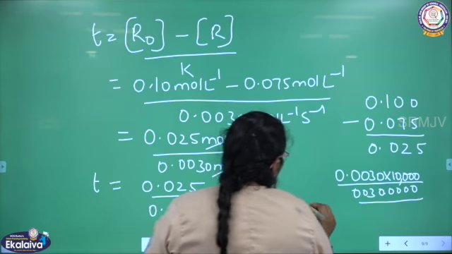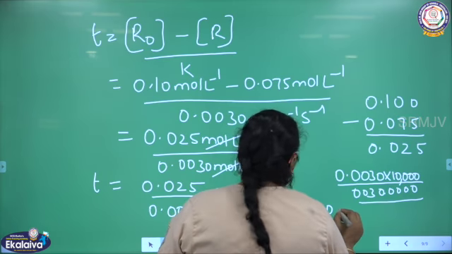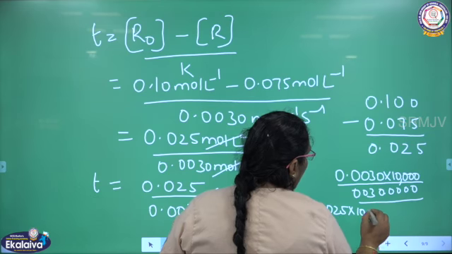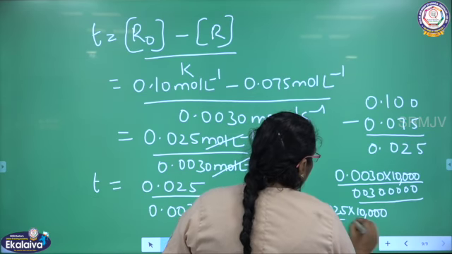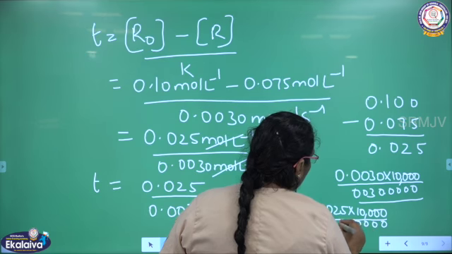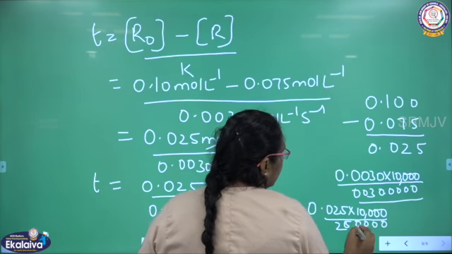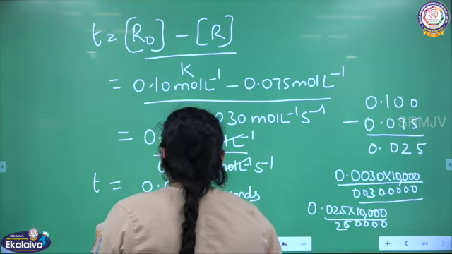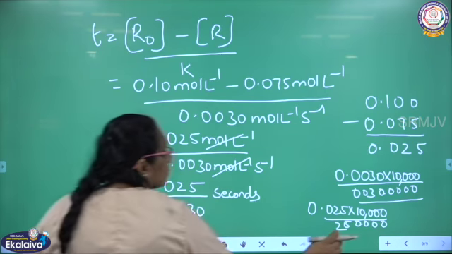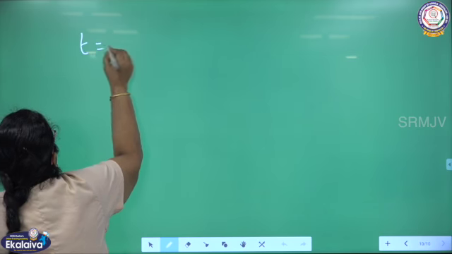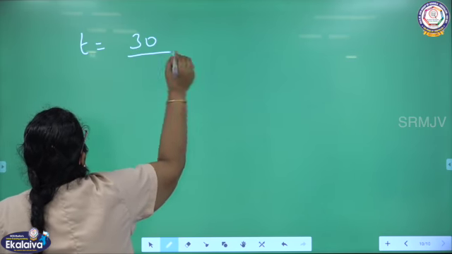Here the same, 0.025 into 10,000 gives 250. So 30 divided by 250. So T is equal to 30 divided by 250.